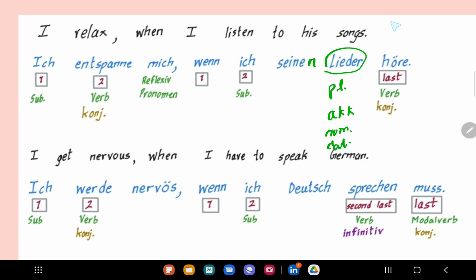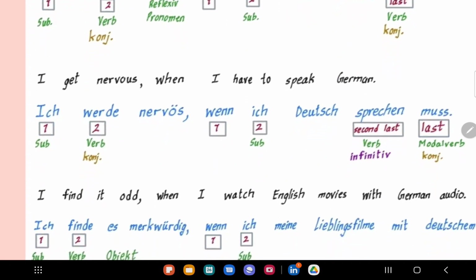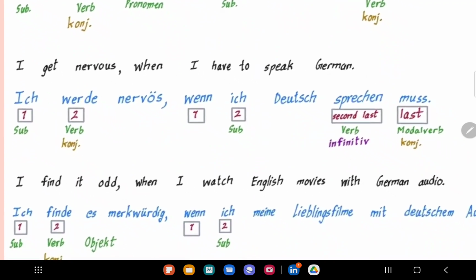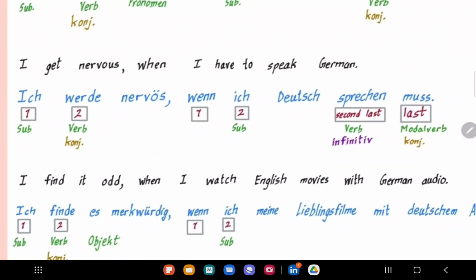All right, let's look at the next example. I get nervous when I have to speak German. So you can say, I get nervous, ich werde nervös. You will use werden, conjugated for ich it becomes werde, and nervös. When I have to speak German, so wenn, Bruce Wayne, wenn ich, then immediately after this you will not have the conjugated verb.